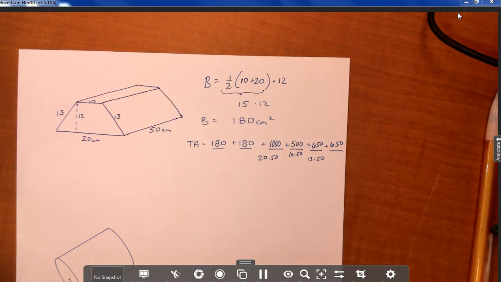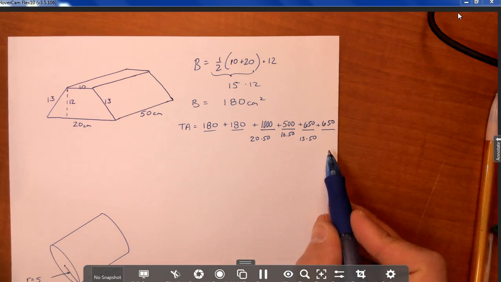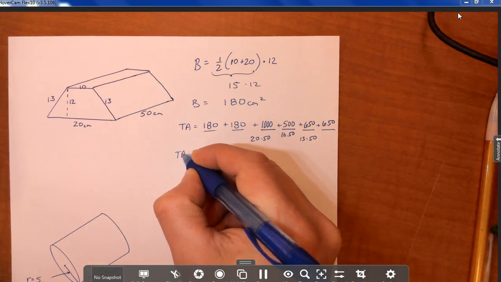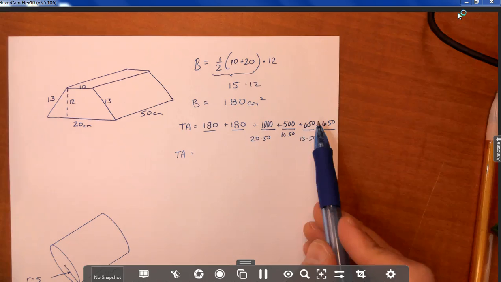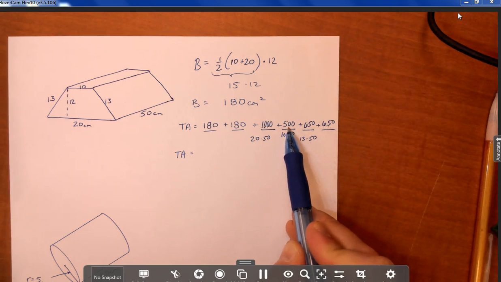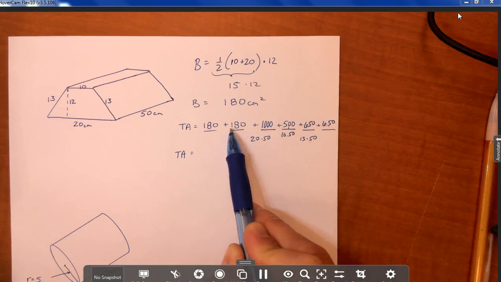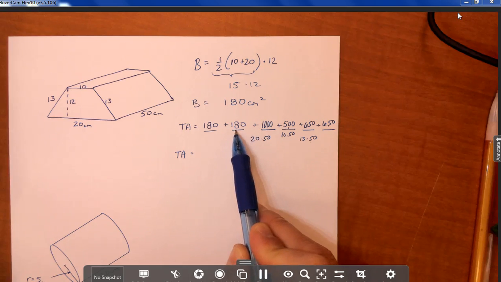Okay, so we'll add all of these up. Let's see, 650 plus 650, that's going to be 1,300, plus 500 is 1,800, plus 1,000 is 2,800. Okay, so we're at 2,800, and then plus this 180 and 180.